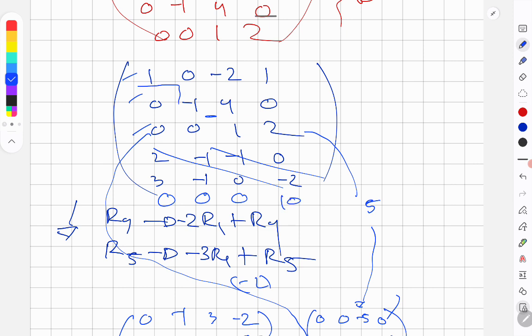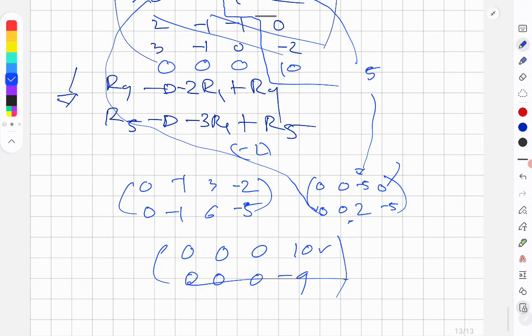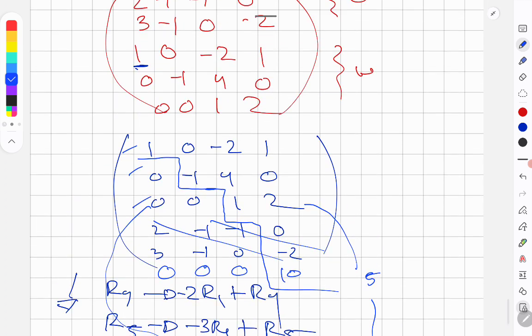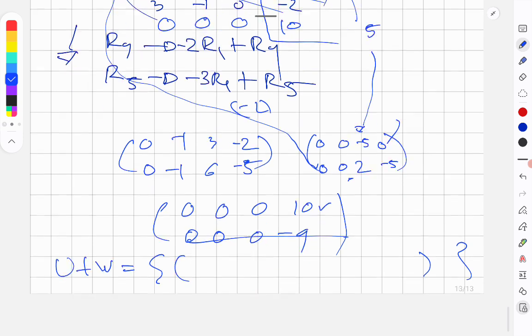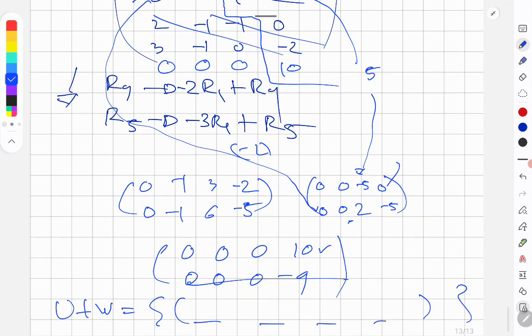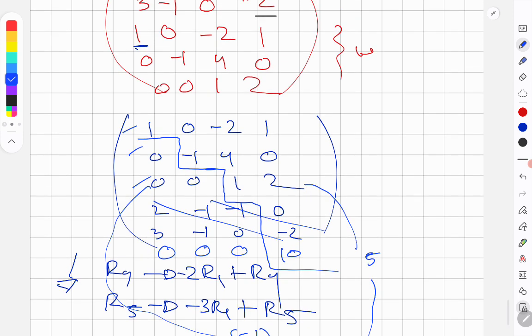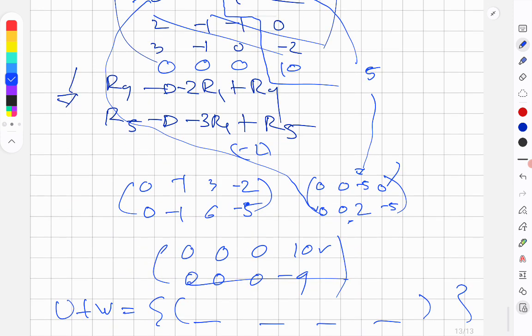So you are in echelon form, right? Yeah, right. So your u plus w is equal to 1, 2, 3, 4. These 4 rows are the solution of u plus w.